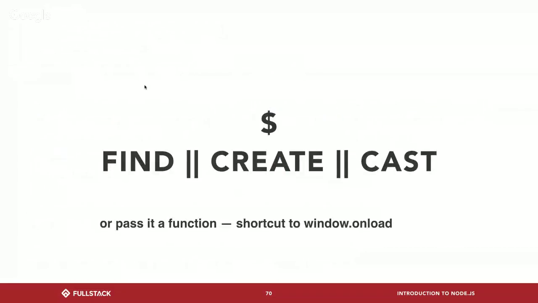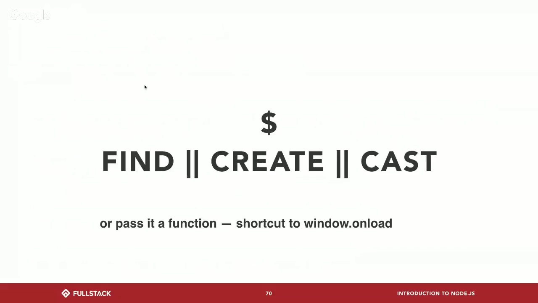So one of the things that we've done here, and we haven't done the create yet, but we've done the finding, we've done the casting. We'll do the creating, but there's actually one more way that the $ sign could end up getting used. And in fact, I think you probably did it in the workshop. I think you did a $ sign document.ready or something along those lines.